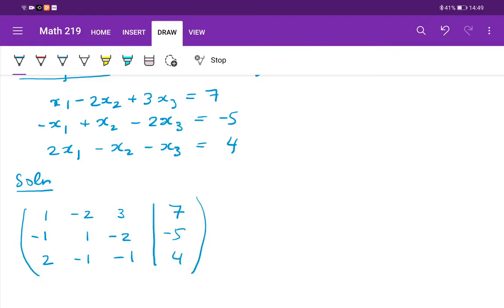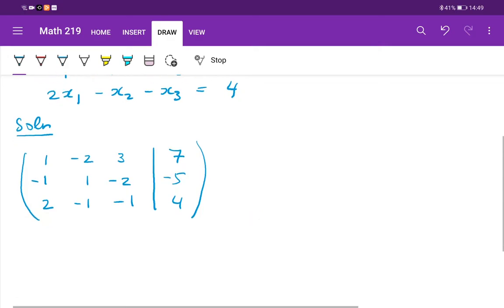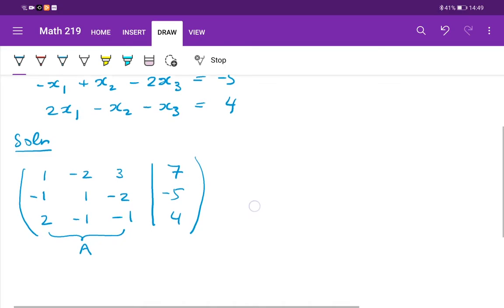Okay, so this is the augmented matrix. And so this part here comes from the coefficients of the xi's.